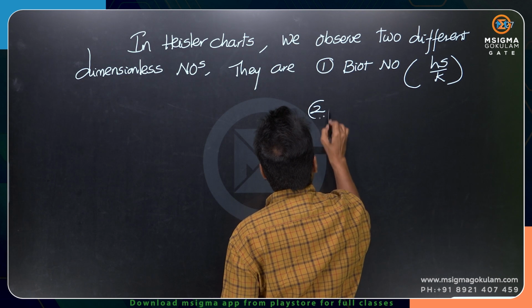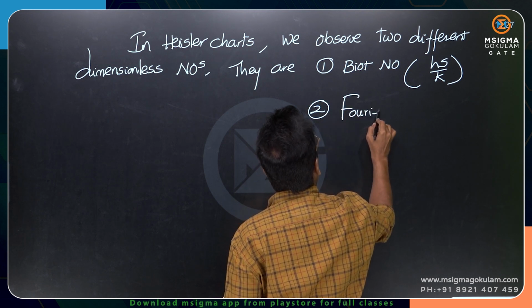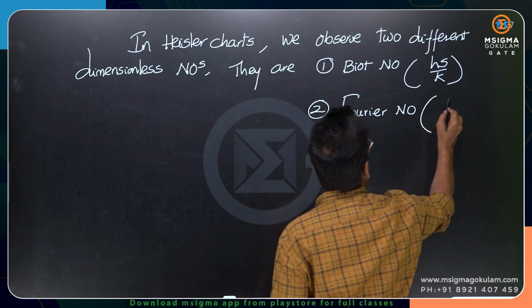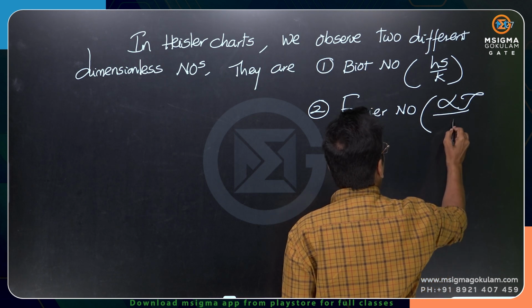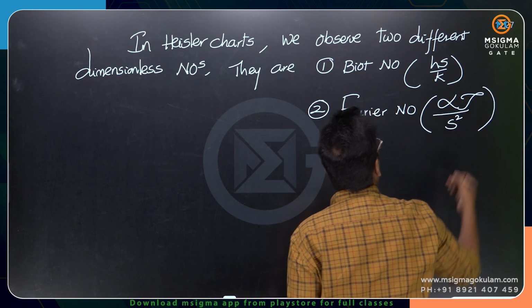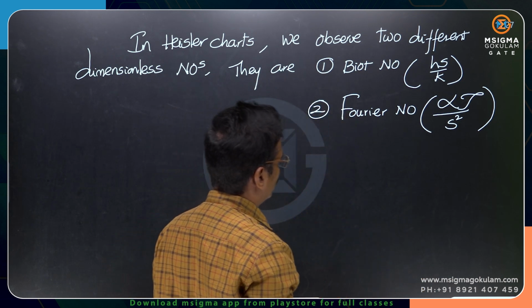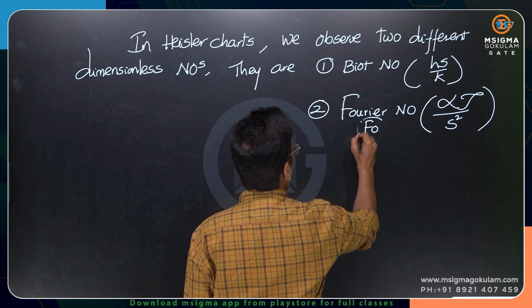Number two, the Fourier number, that is alpha tau by S squared. S is different for different shapes of the bodies. It is called the Fourier number, Fo.